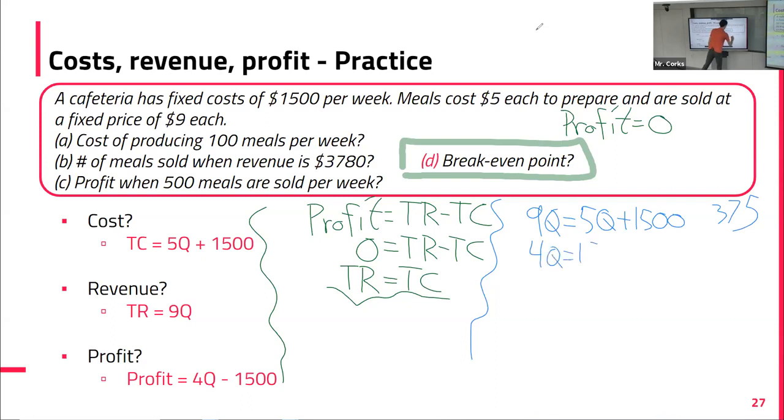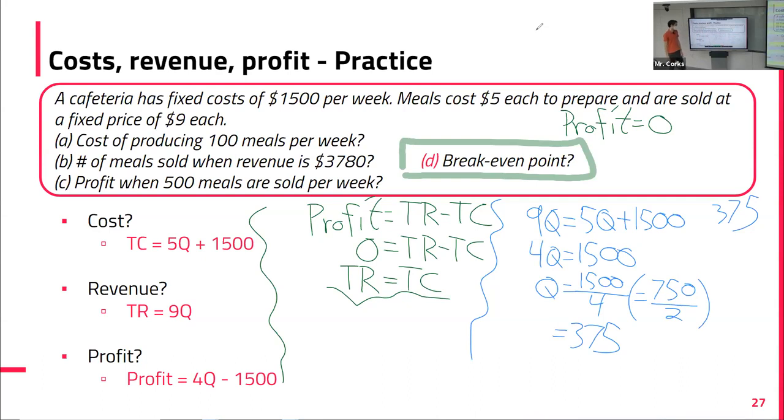Q equals 1,500 over 4. If this is a little confusing, we can do it in steps: 750 over 2, and then dividing by 2 one more time. Yes, 375 as our Q value here.